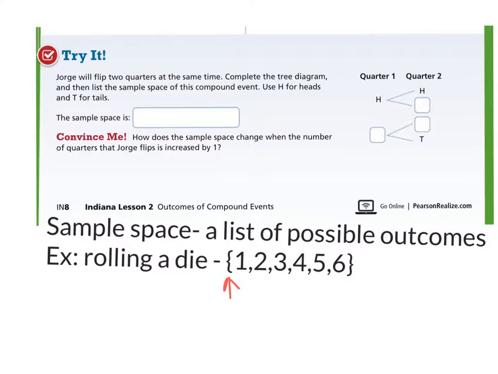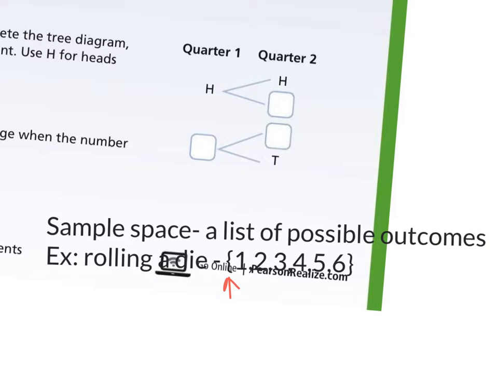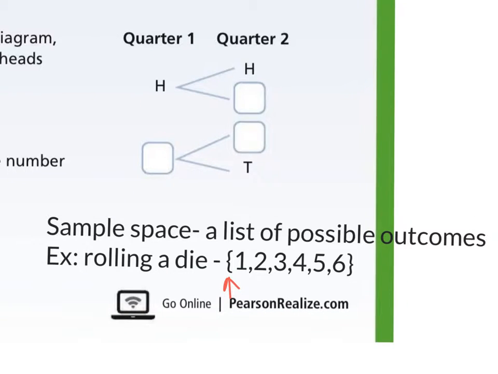Alright, so on this problem, we're talking about flipping 2 quarters. If we look at our tree diagram first, the first quarter we might have got heads, and then off of that the second quarter could have been heads or tails.